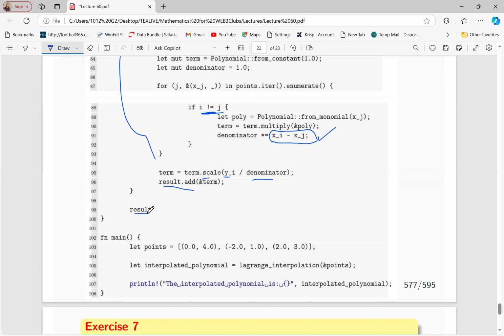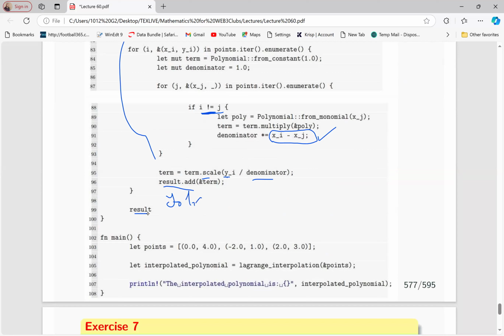So what this is saying is, you have y naught and you multiply by the L naught of x, and so on. In short, this is what it's saying, to get a term there. And then y1 multiplied by L1 of x, and so on. That's a short way of doing that.